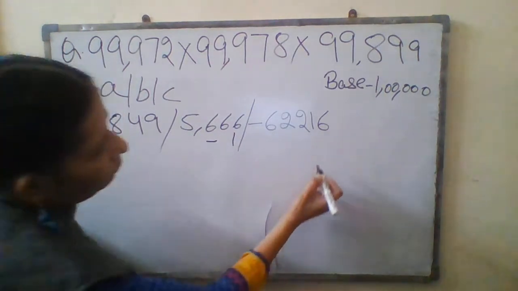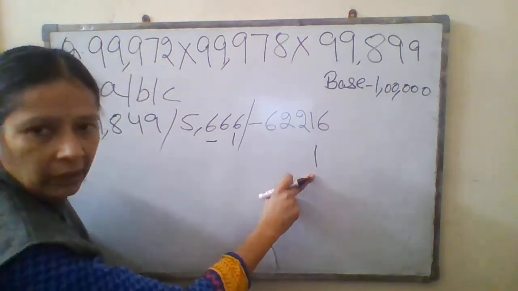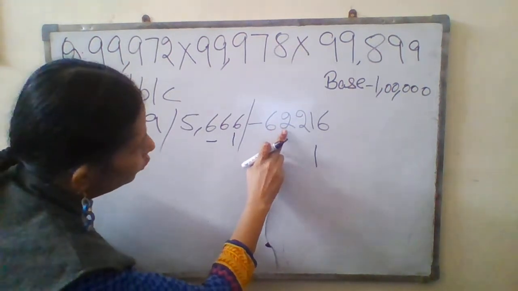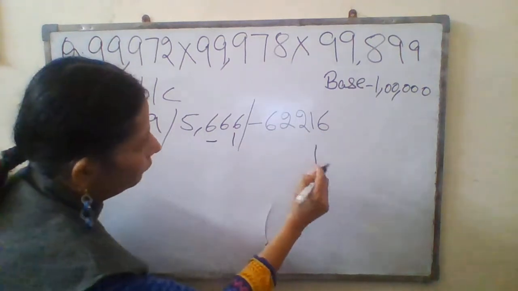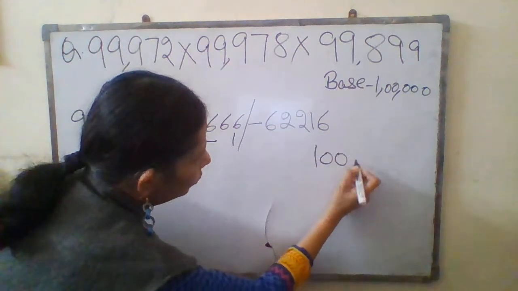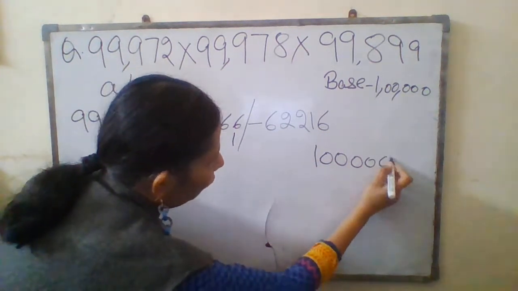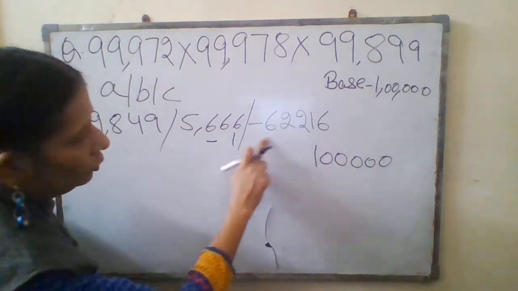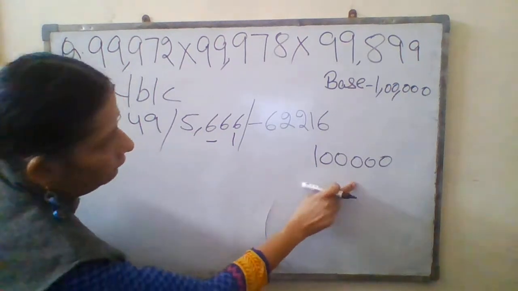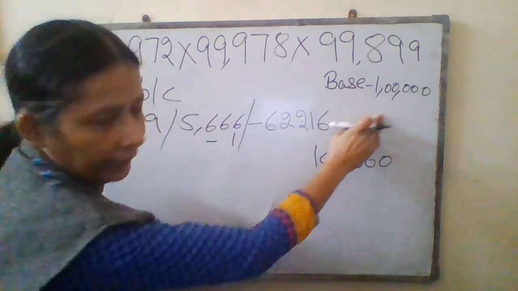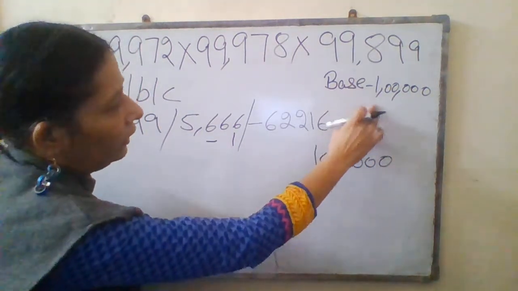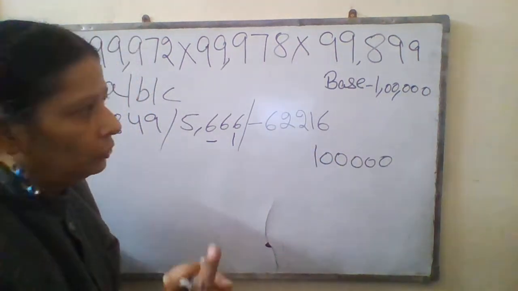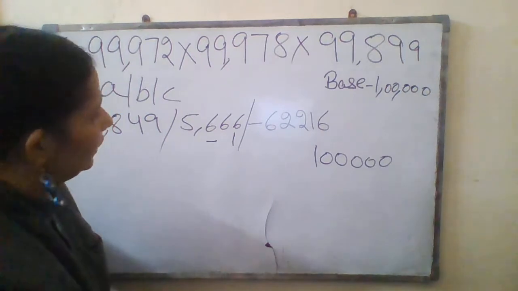When you borrow 1, you will write down here 1. Now how many digits are here? 1, 2, 3, 4, 5. So write down here 5. And you see in base also. Look here, I have written here base. In base you have to check how many zeros are there.